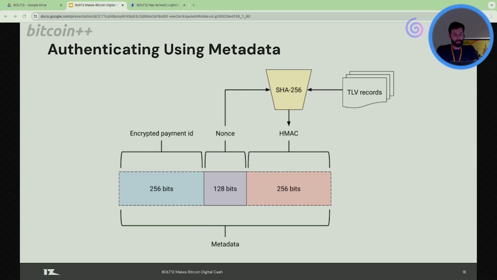From that, we take the HMAC and we use it to derive a key pair. And the public key of that key pair would be the signing pub key.